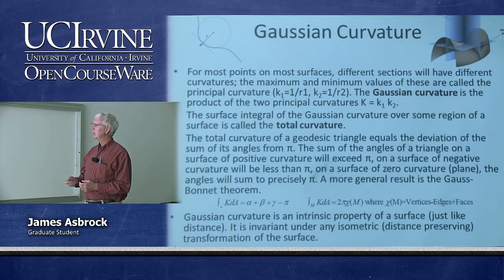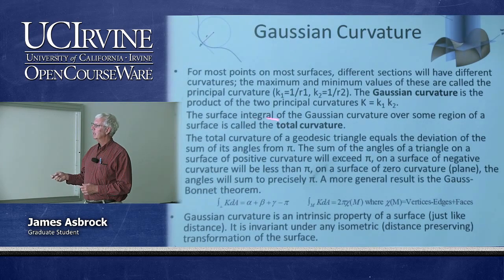The thing that was invariant is called Gaussian curvature, and it's equal to the product of the minimum and maximum curvature of any surface. So if you have a surface, you can always draw a tangent to that surface, and then you can find the radius of the circle that is tangent at that point. Those are called the principal curvatures, and the Gaussian curvature is just the product of those two curvatures, the min and max values.